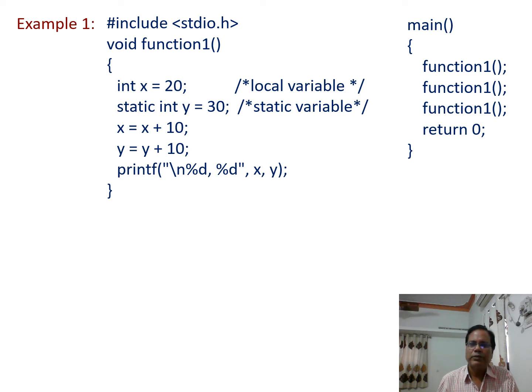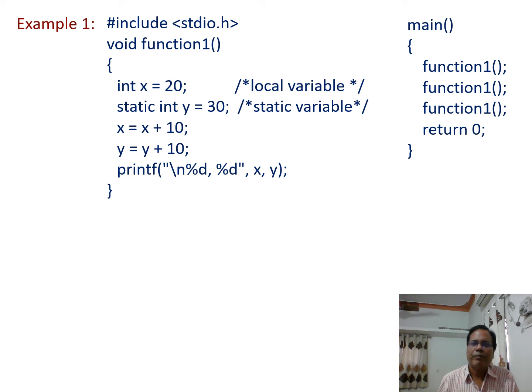But in the case of the variable y, because it has been declared as a static type, its previous value, that was 40, is retained, and 40 plus 10, that is 50, gets printed. So 40 and 50 would be the output when this function is called.